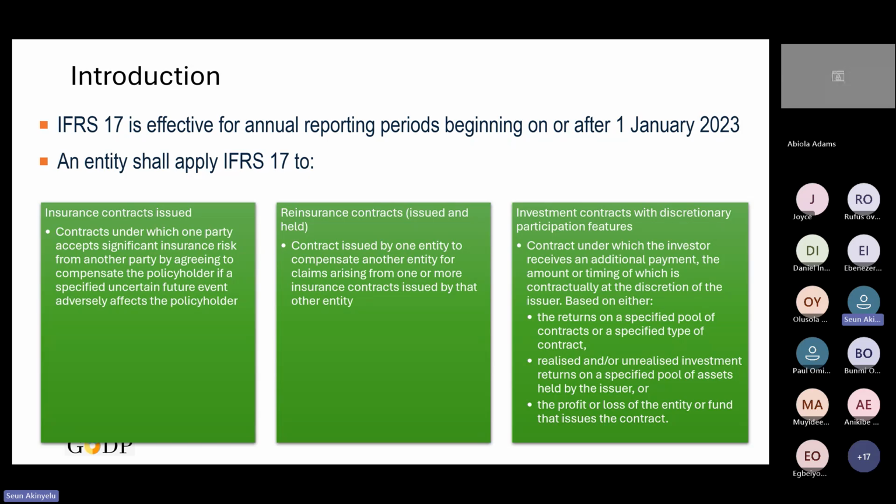If you have such an investment contract that gives you access to the normal financial interest rate plus discretionary returns from that fund, you might actually need to consider understanding IFRS 17. So those are the three that will require application of IFRS 17.